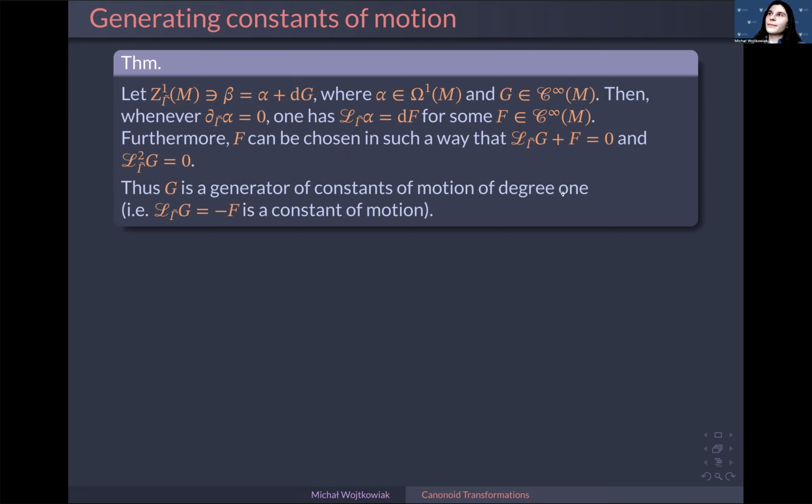And furthermore, the constant of motion can be chosen in such a way that its differential is the Lie derivative of that remaining part alpha. So this gives us a way of recovering a constant of motion from a canonoid transformation whenever this kind of decomposition can be made.